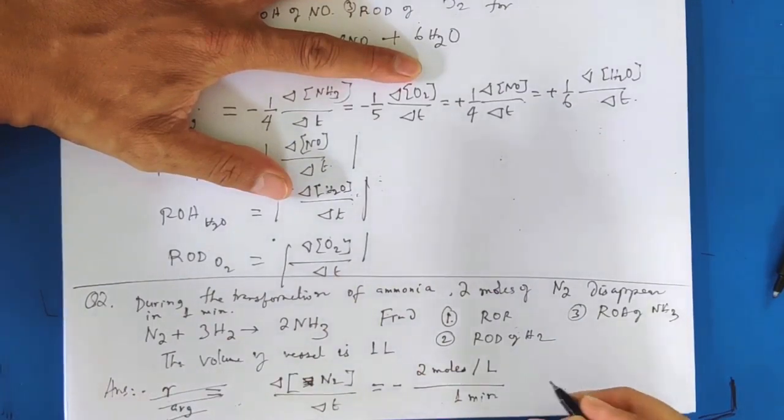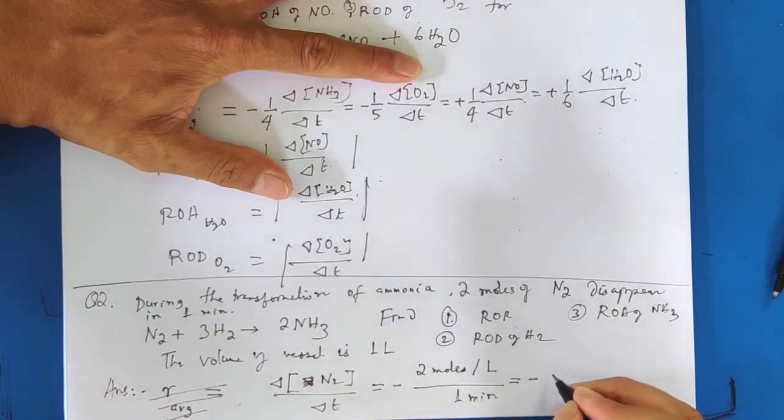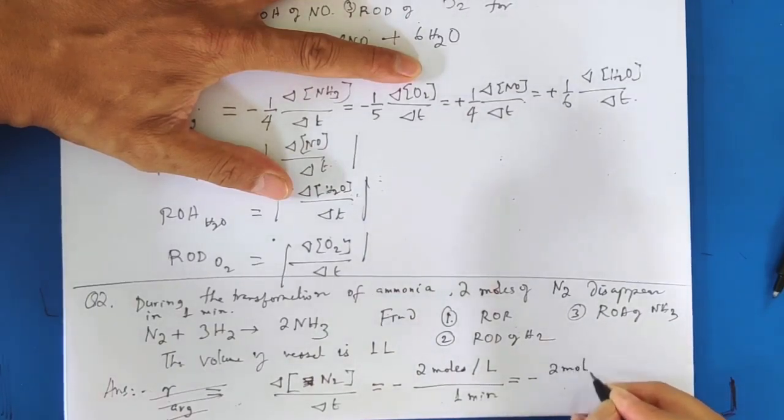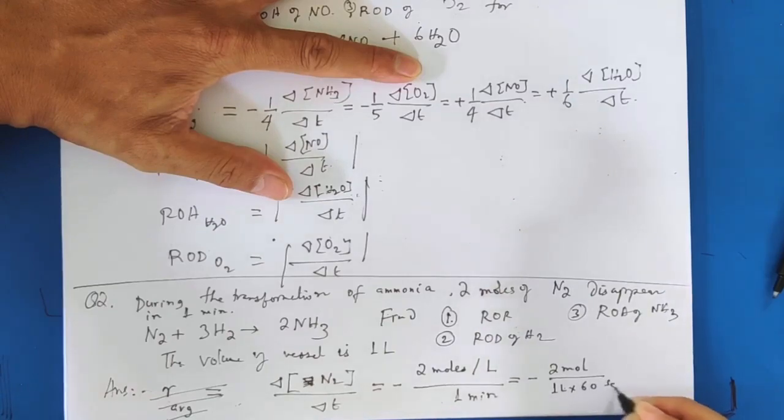Okay. We need to convert the minute to seconds, so minus 2 mole per liter, 1 liter, 60 seconds.